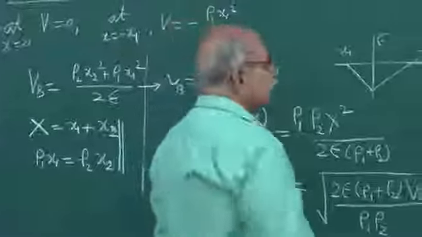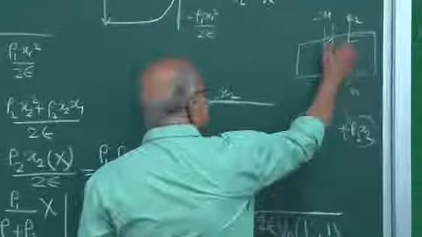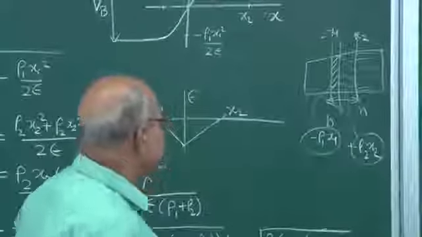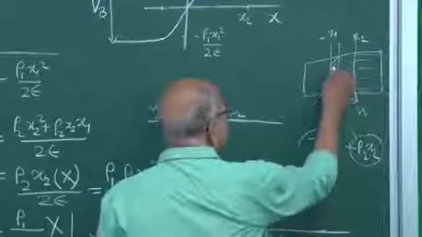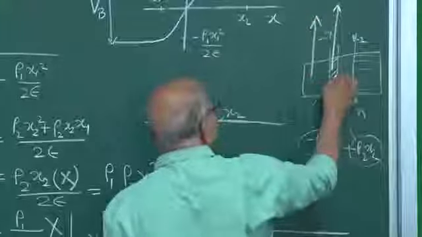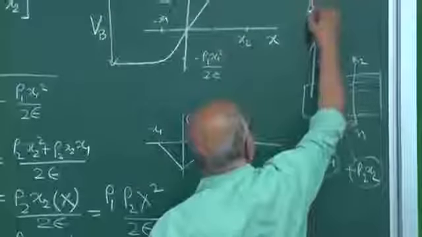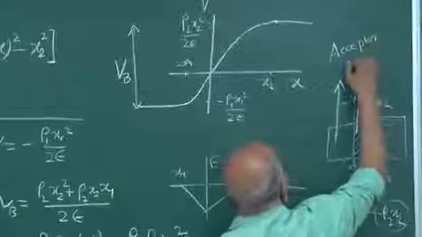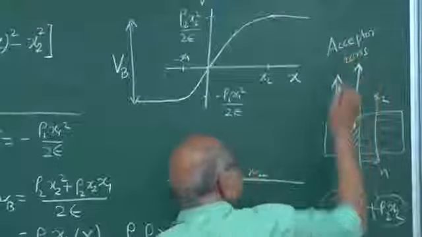Because how are you getting charges in the depletion layer? In the depletion layer you are getting charges because you have put impurities. This is the P side, so you have put acceptor impurities. Acceptor ions are there, right?